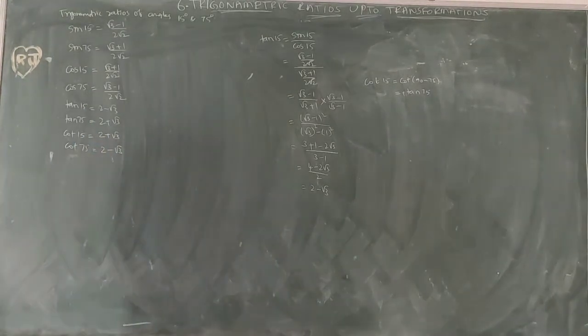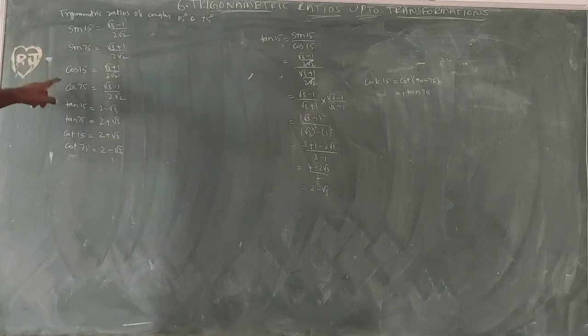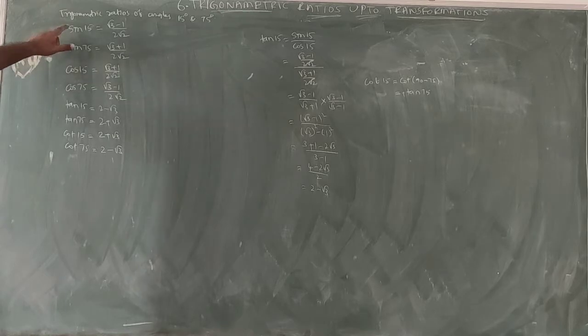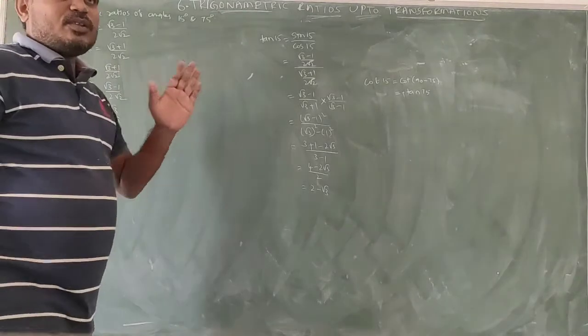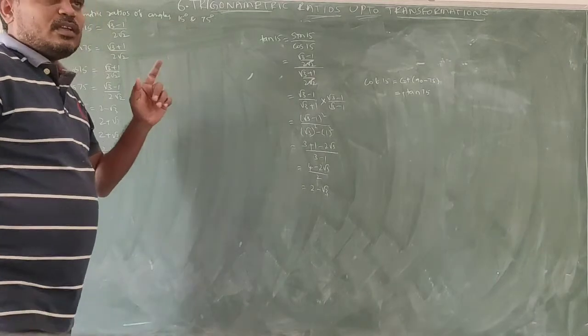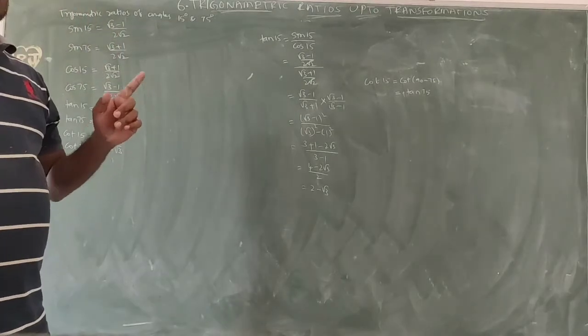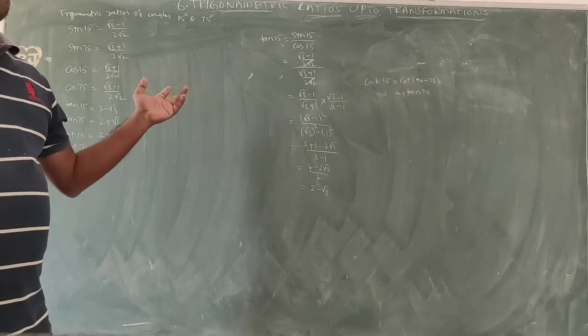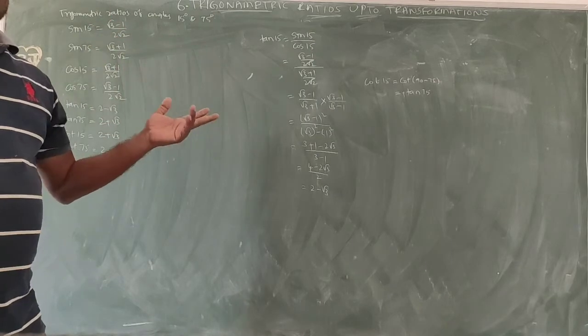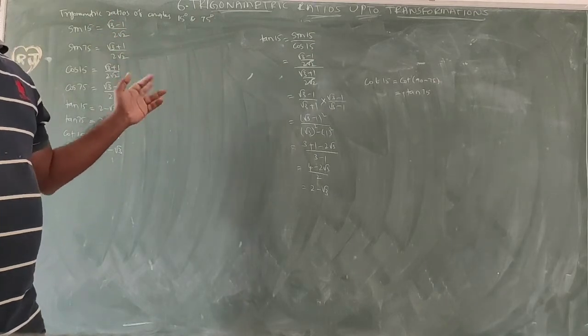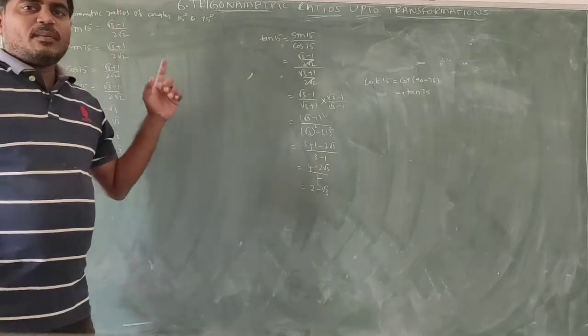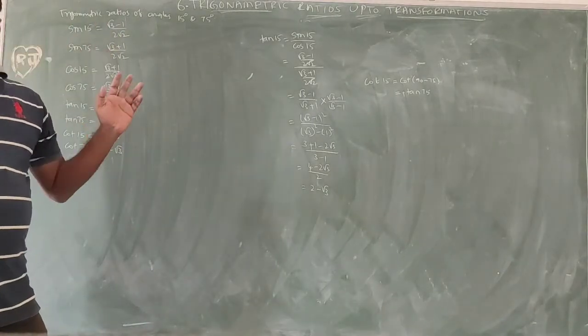So one thing we remember: sin 15 and cos 75 are the same, sin 75 and cos 15 are the same. Sin increases in the interval 0 to 90. So for sin 15 we take the minus, for 75 we take the plus. For cos 15 we take the plus, for cos 75 the minus.